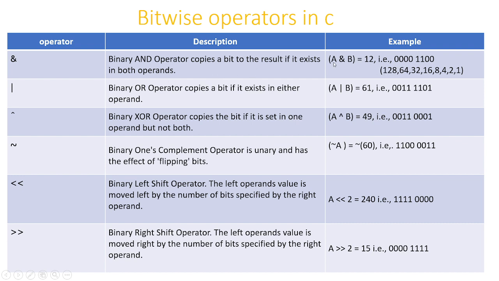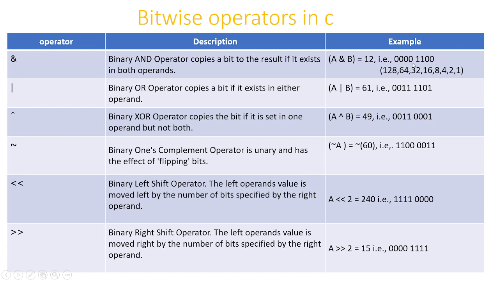So here A and B both should be in binary representation, and only then can the bitwise operator binary AND be used on A and B. When it is used, it gives the answer 12, where this answer is represented in binary representation.